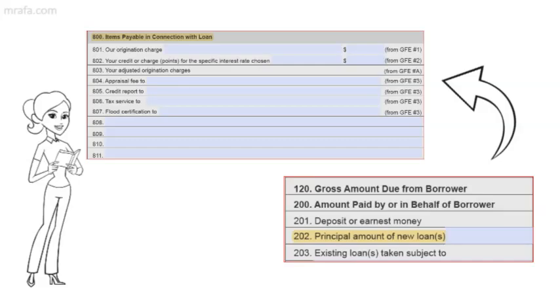So this is how they get paid. And you can actually negotiate the origination fees. However, when you are able to reduce it, usually it results in a higher interest rate on your loan.